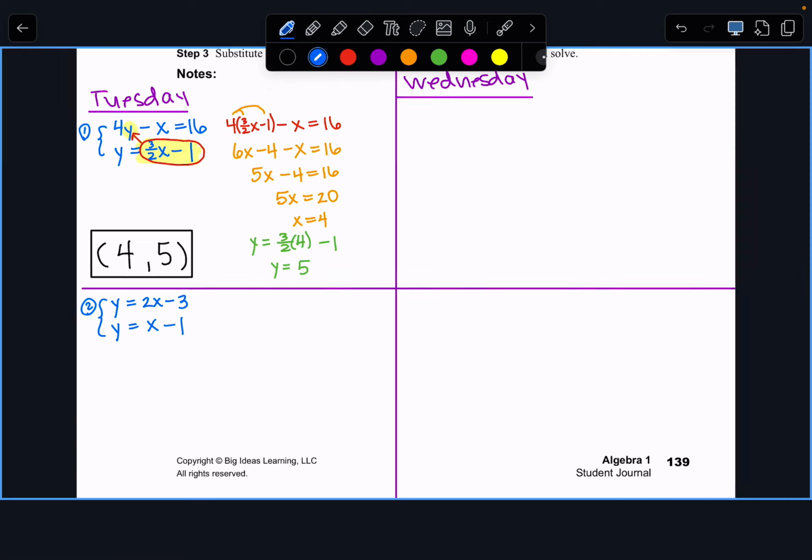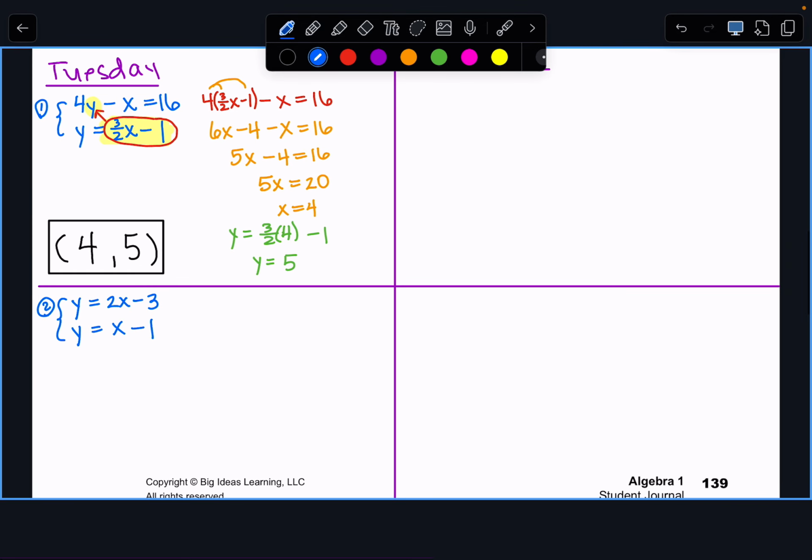Okay. So we're going to first just talk about how each of these look similar and how they look different. Up here, we had one line in almost standard form, and we had one line in slope-intercept form.